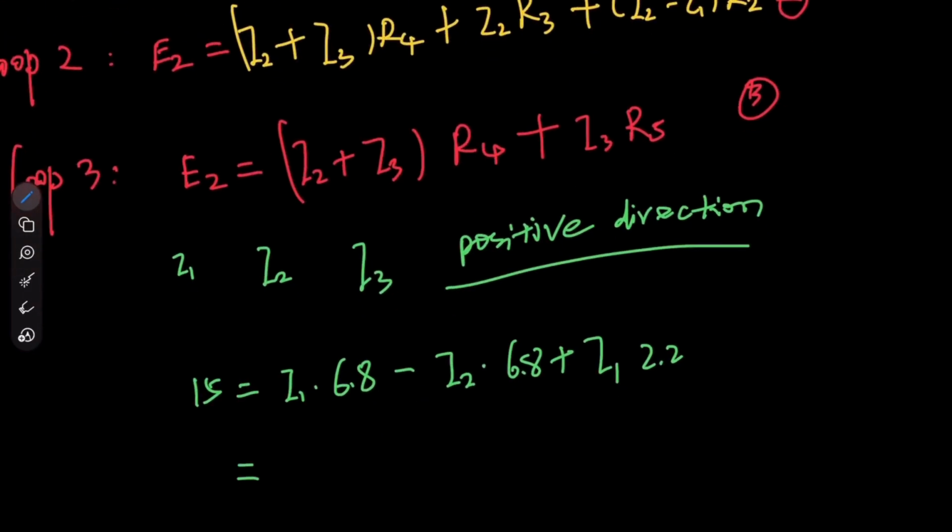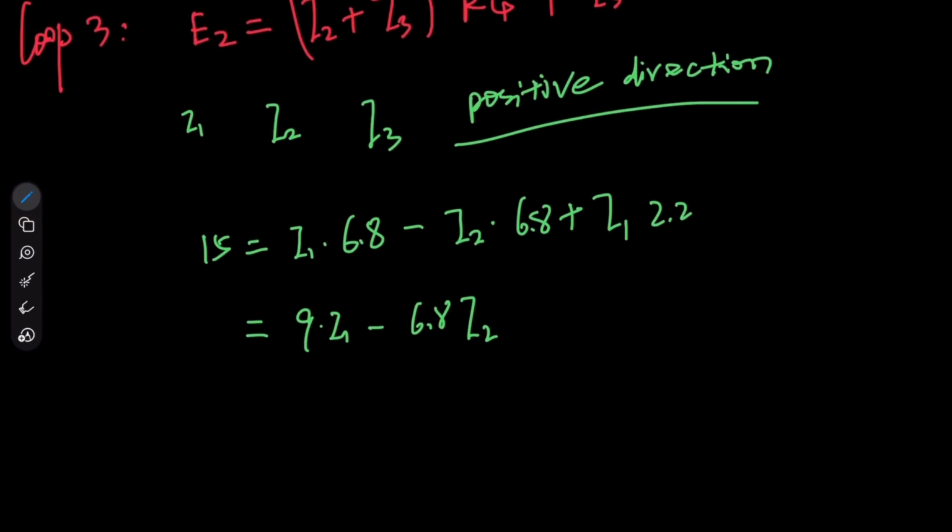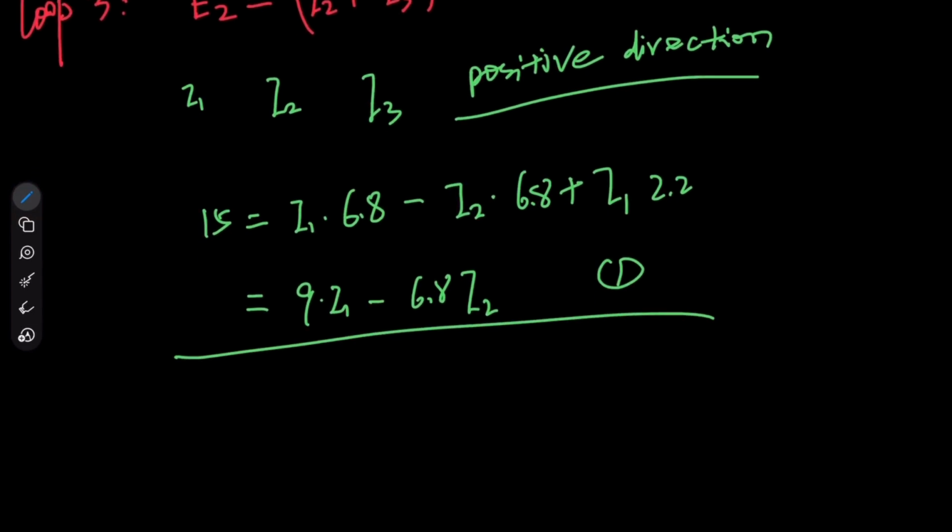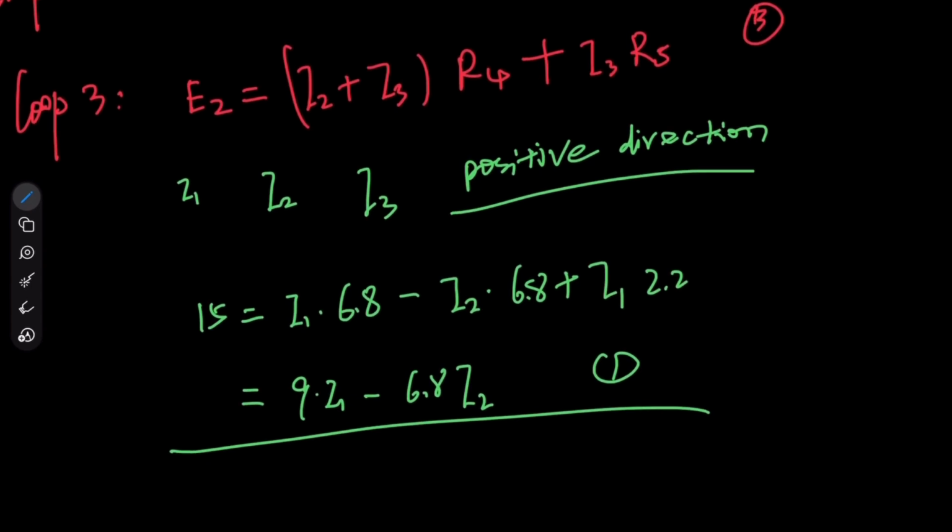So that will give us 9 times I1 minus 6.8 times I2. So this is our first equation here. Now for the second one, E2 is 10 volts.